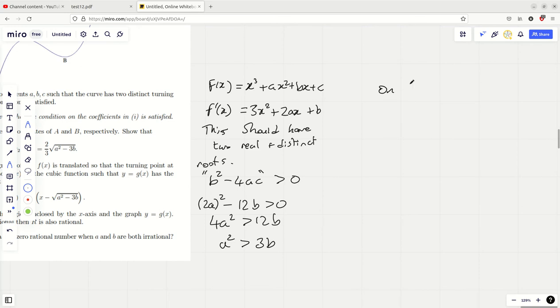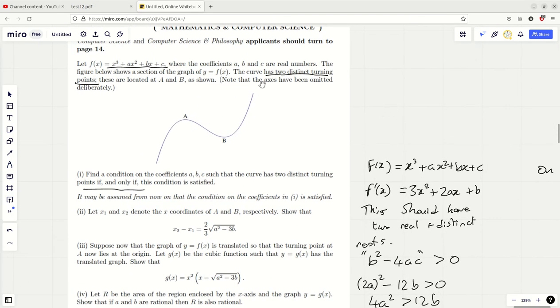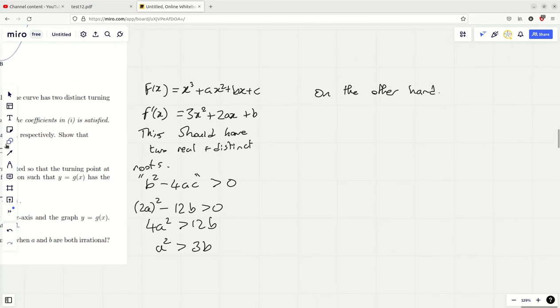Now, all I'm going to do is just point out, well, on the other hand, remember that we were given this as well. We're allowed to use anything that we're given in a question, because f of x is given to be that. Well, I can say, on the other hand, if a squared is greater than 3b, my argument here is just that it works perfectly the same backwards.